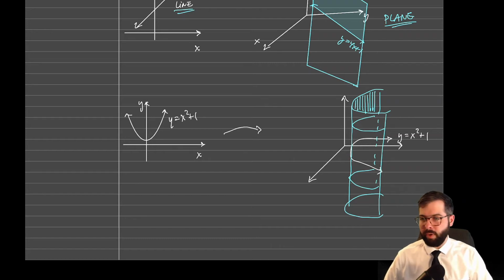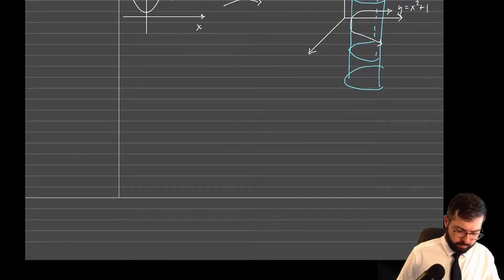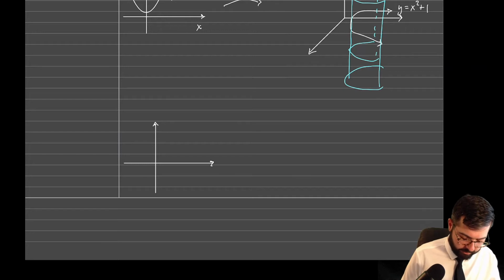We don't always, right, but I'm just trying to show you what this equation would look like in 3D. Now, what we call this is a cylinder, and I'll show you why after the next example, maybe. We call that the parabolic cylinder.